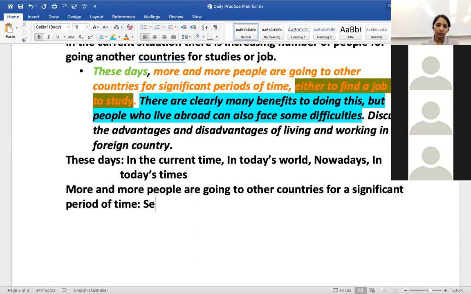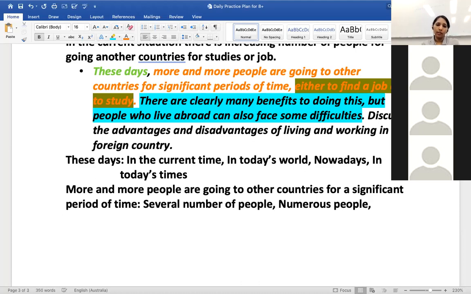So what do? Several or numerous. So you can use this. Several number of people. Numerous people are going to other countries.